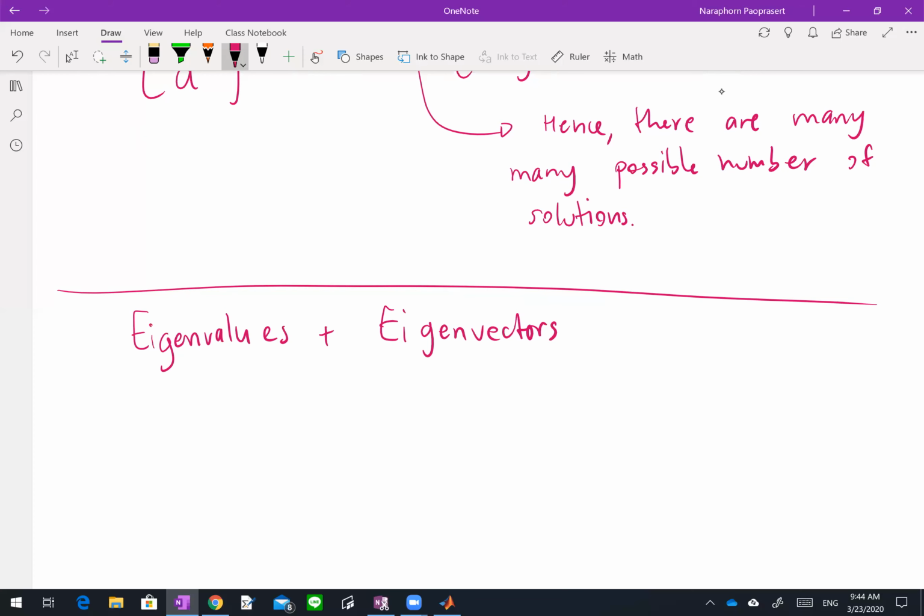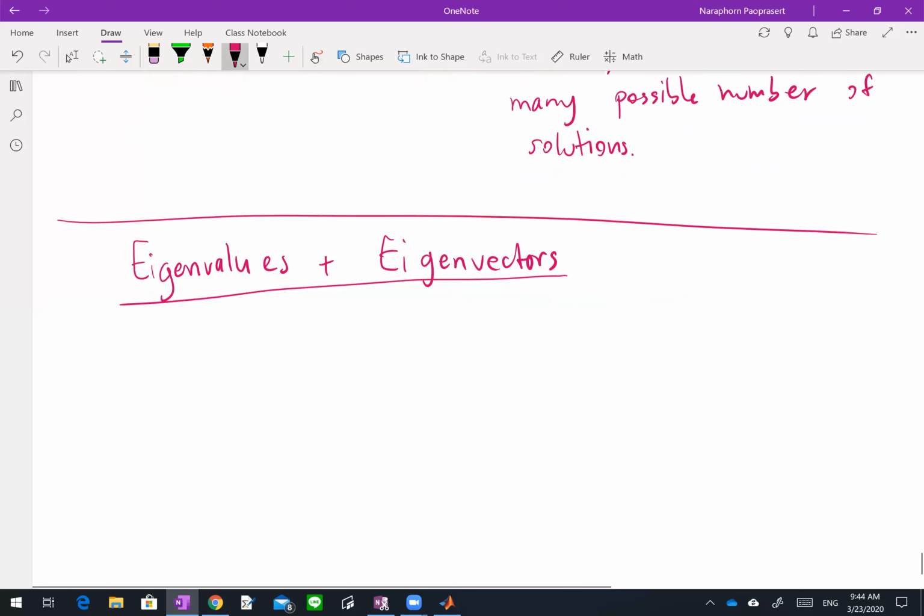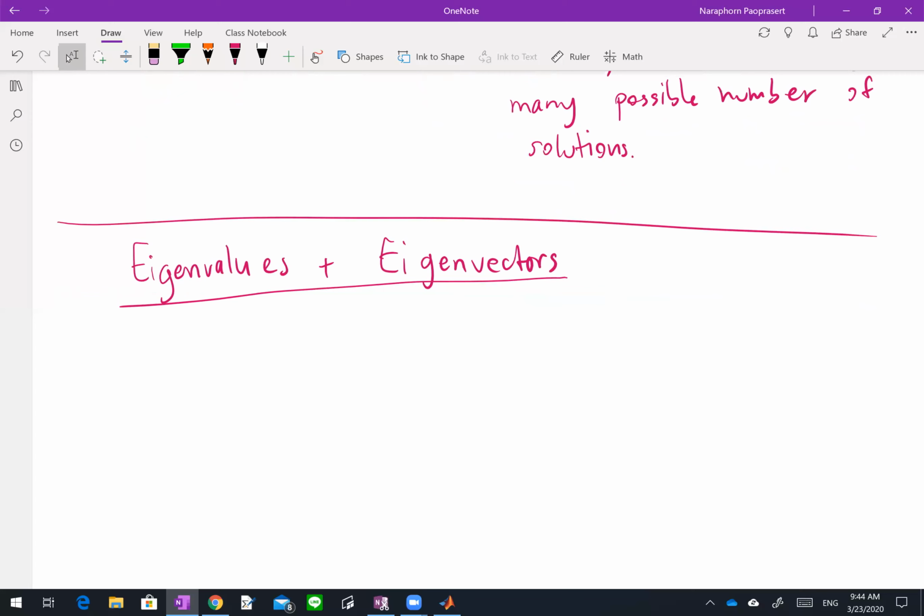Okay, for the eigenvalues and eigenvectors, before we go into the calculation, I just want to give you some idea or understanding about what it is and how you want to understand it in your big picture. So basically, eigenvalue is defined like that.